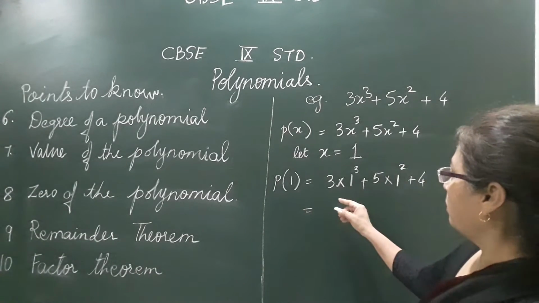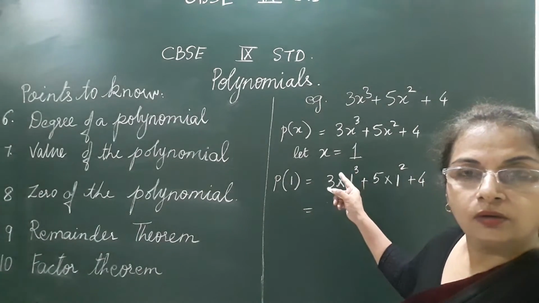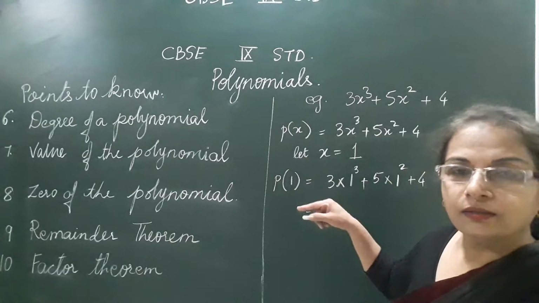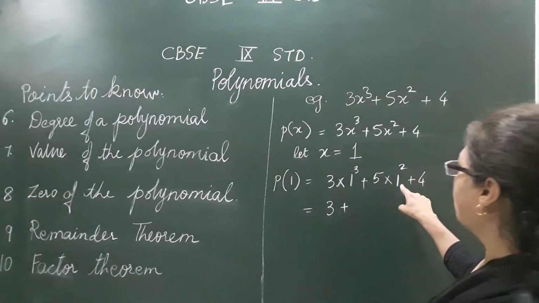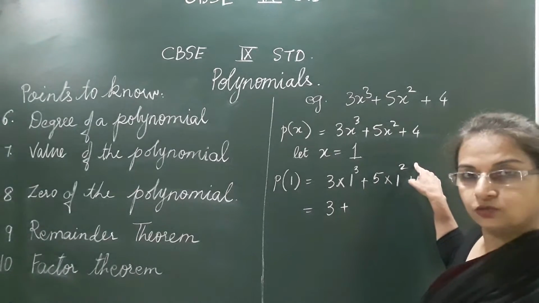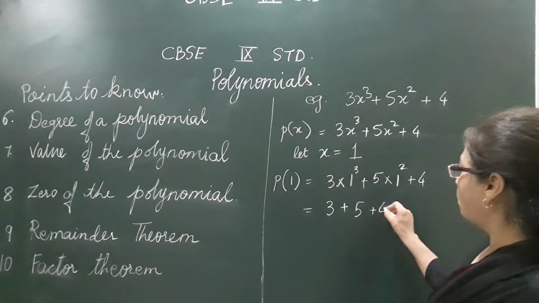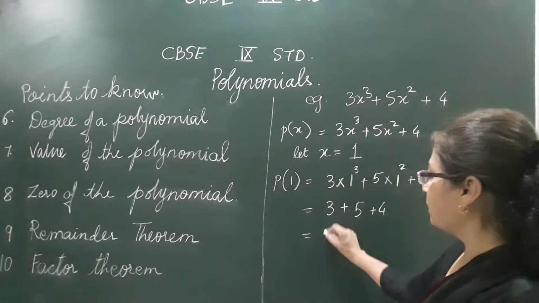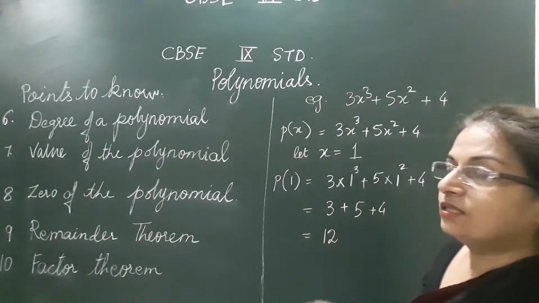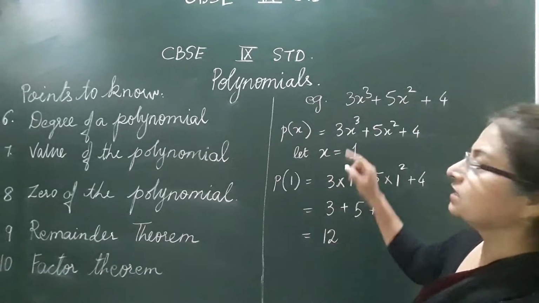Now 1 raised to 3 is 1 into 1 into 1, that is 1. 1 into 3 is 3, plus 1 squared, which is 1 into 1, that is 1. So 5 into 1 is 5, and here it is 4. Ultimately you get 3 plus 5 plus 4, that is 12. So this is the value of the polynomial when x is equal to 1.